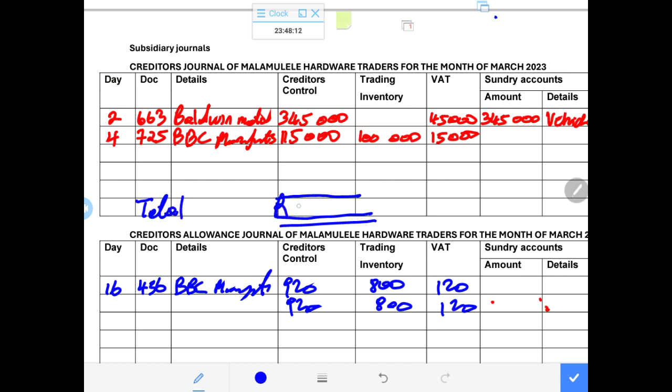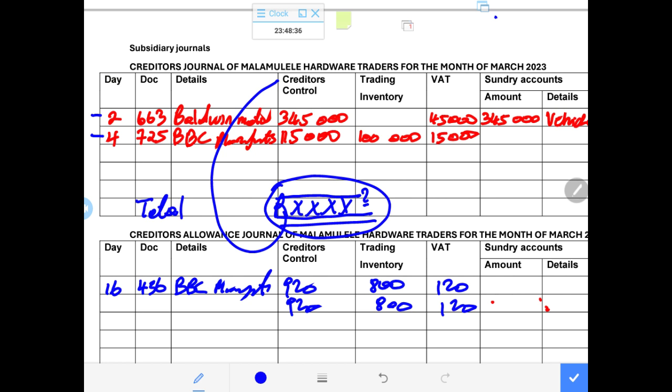So now they are telling us that this total is the one that is incorrect. That means the individual list of creditors, that creditor and this creditor, they are correct. So the list of creditors is fine, only the total has a question mark. Remember, this total is the one that affects our creditors control ledger account.